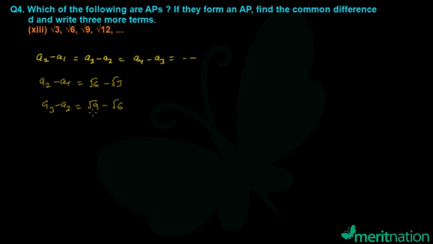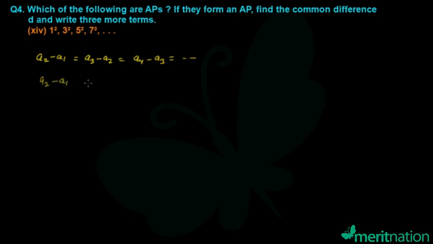Again we can't simplify root 6, it is already simplified, but root 9 can be written as 3. So it becomes 3 minus root 6, but the difference is not the same. So this is not an AP.